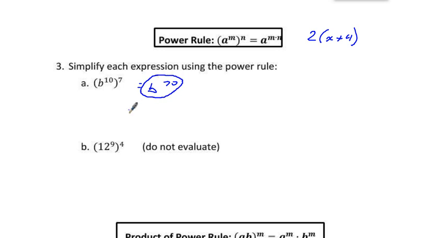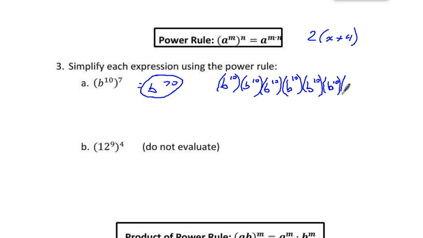And again, let's look at why this works. b to the 10th times itself 7 times. Earlier, b to the 10th, that's 10 b's.